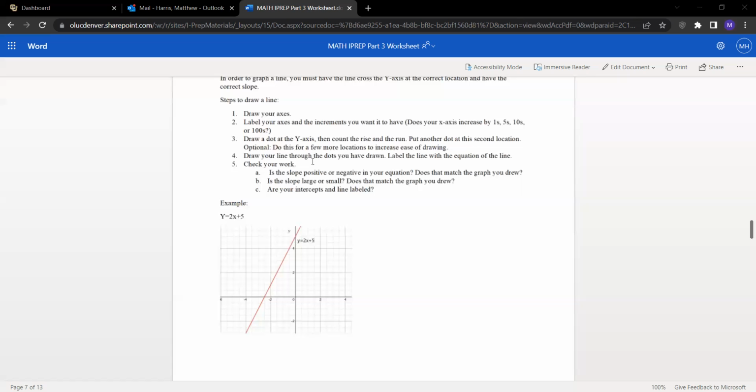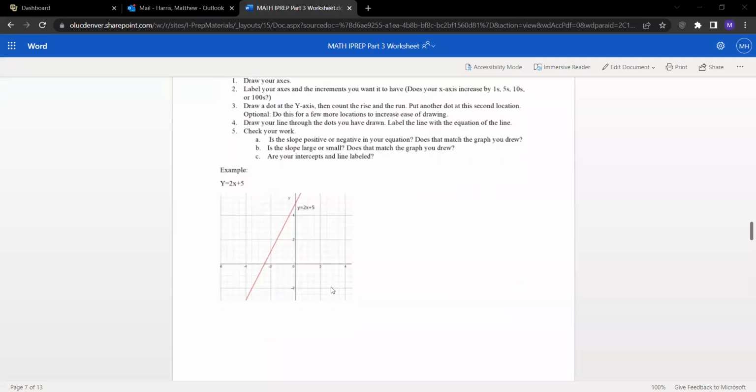And then are our intercepts the same, and is the line labeled? So the intercept we have here, (0, 5). We see that matches y equals 2x plus 5. You could also circle them. That's something else they could have done here, right? They could circle here my y-intercept. Here's my x-intercept, here's my y-intercept. But that is optional.